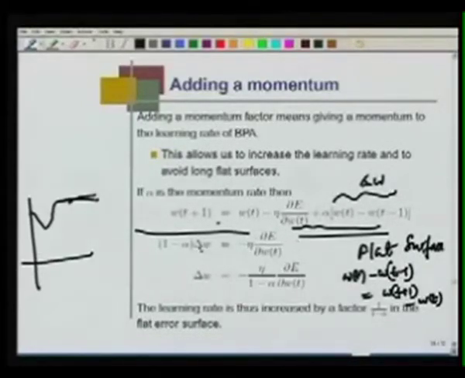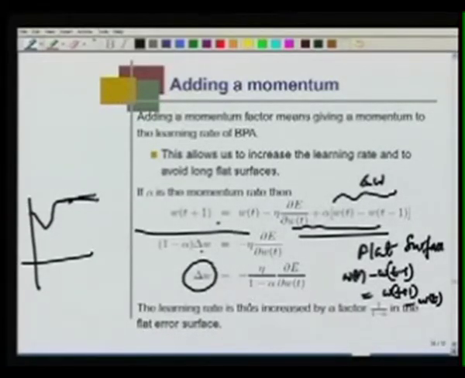Once you look at this equation, I write down my weight update: the increment in weight delta W is minus eta upon 1 minus alpha, times del E by del Wt.